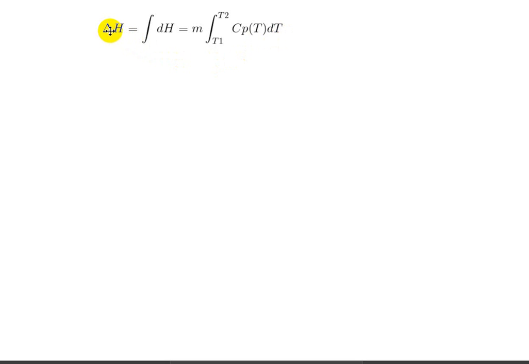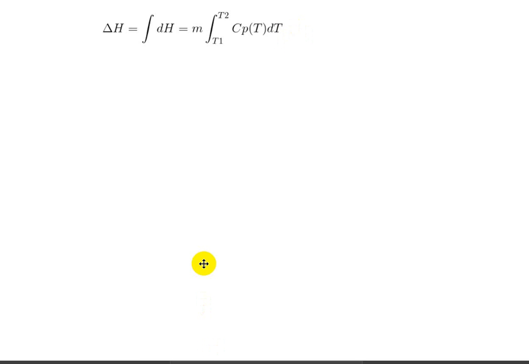So then our delta H is going to be the integral of the infinitesimal dH. Mass is going to be a constant, so it'll come outside the integral, but we're basically going to form the definite integral of Cp(T) dT for the entire range of interest. And that is going to make a whole different problem out of it.